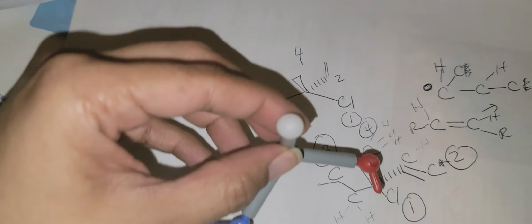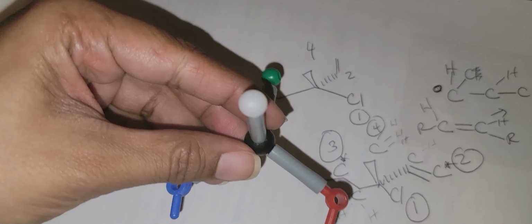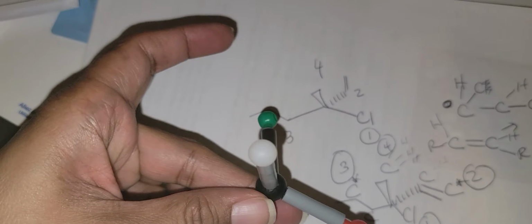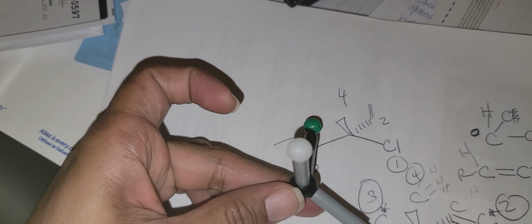Or grab your other orientation model. When I grab this, my green is back behind me, so I'm using my model and the shadows to show you perspective. What is coming towards me is the methyl, which is pointing up.